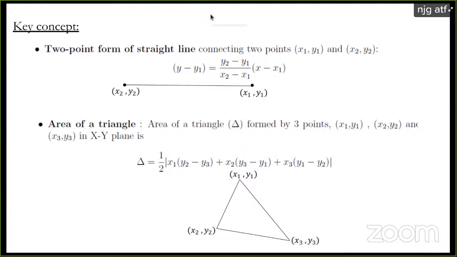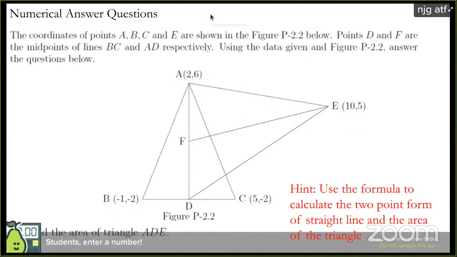No, sir. Okay. So here is one numerical answer question. You have some points here, A, B, C, E, F, D, which form some triangles, and this is the figure given to you.